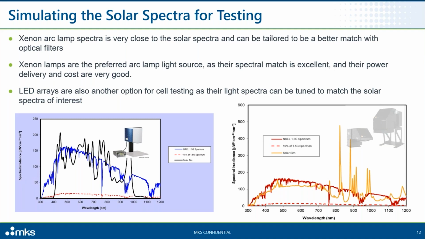So they are getting better. They are tunable. They are a nice way to provide energy that you can use in different spectrums, maybe not all the way into the UV or into the near IR, but in the visible spectrum they do fairly well. I still say that the xenon lamp is probably the go-to source for all of your applications where you're doing your testing on solar cells.